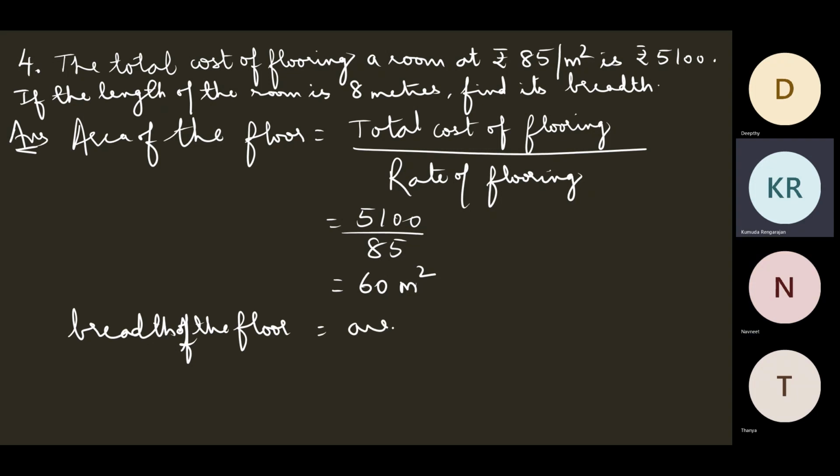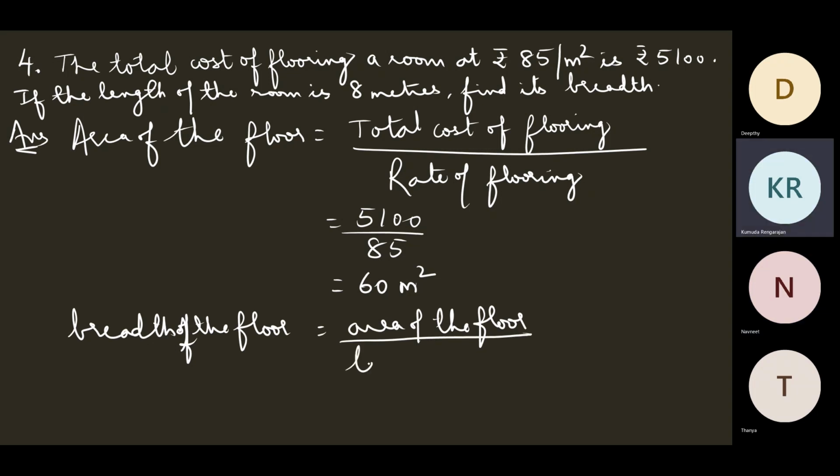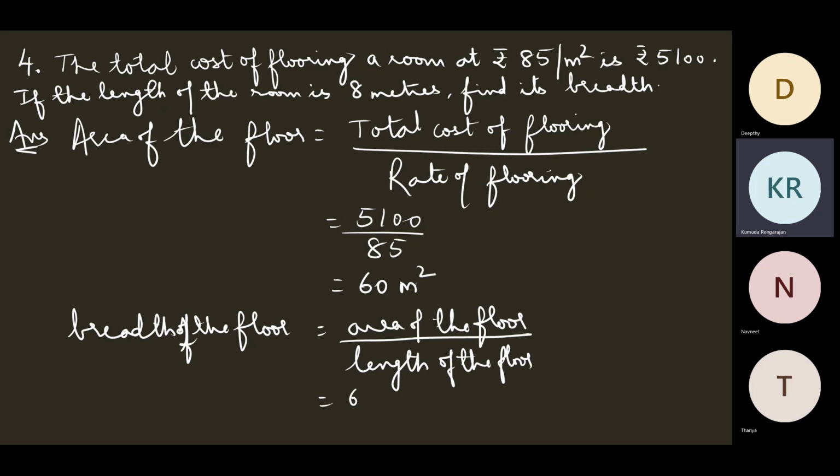Area of the floor by the length of the floor. Area by length is breadth. The length is given to be 8 meters. So divide 60 by 8 and that will be the breadth of the floor. Do it.